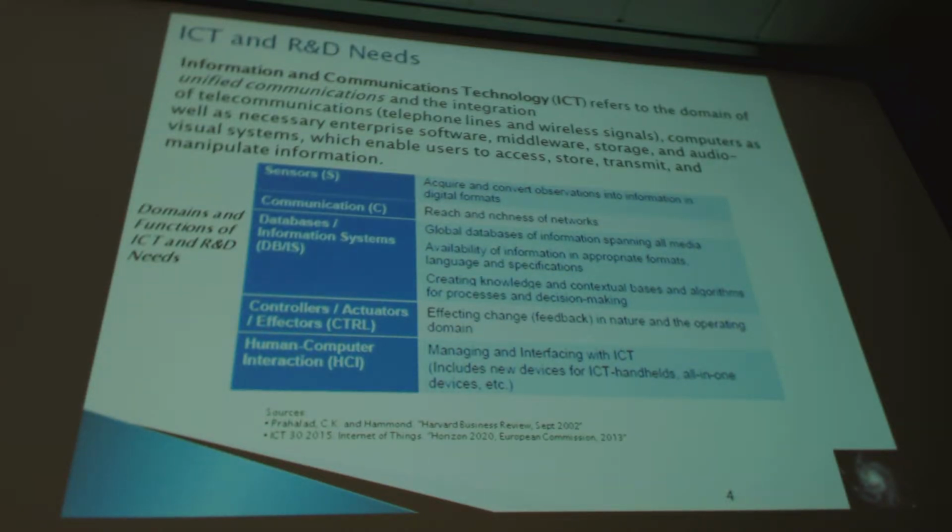And the other domain is human-computer interaction, which is HCI. Here the R&D focus is to design systems for managing and interfacing with ICT, like smartphones, handhelds, all-in-one devices, etc. Now, all these domains really fall under the umbrella of the Internet of Things, which is evolving into the Internet of Everything in the next few years.